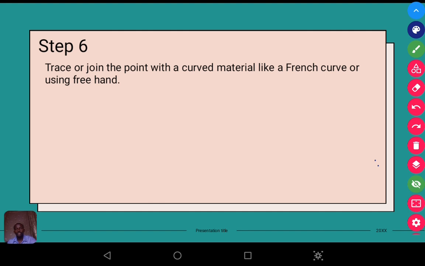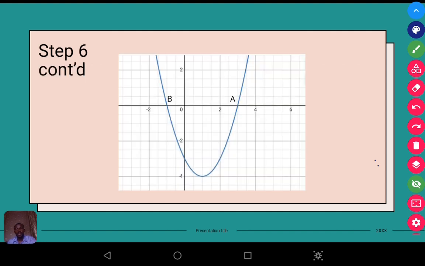So trace or join the points with a curved material like a French curve, or using your free hand. Well, it's preferable to use a French curve because you're going to have something more reliable, something neater. Okay, so here is what it is going to look like. Here you have 0, this is negative 1, this is negative 2.